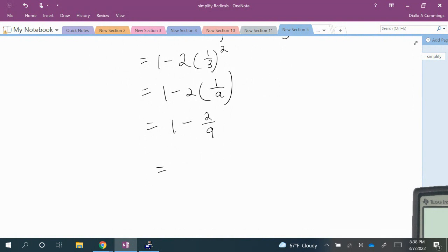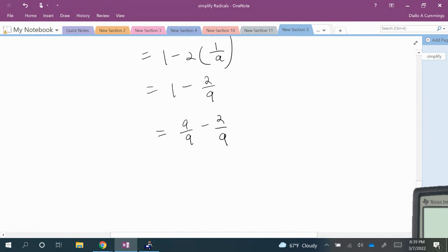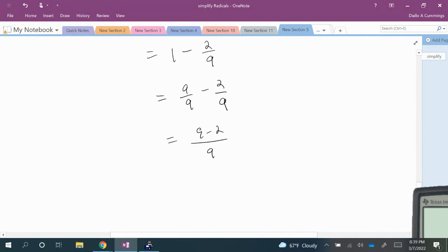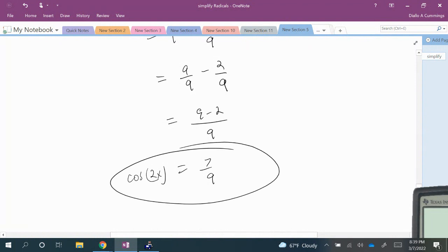So I'm going to re-express 1 as a denominator of 9, because 9 over 9 is 1. When you subtract fractions, you keep the common denominator and combine the numerators. So we have 7/9, which is the double angle value for cosine.